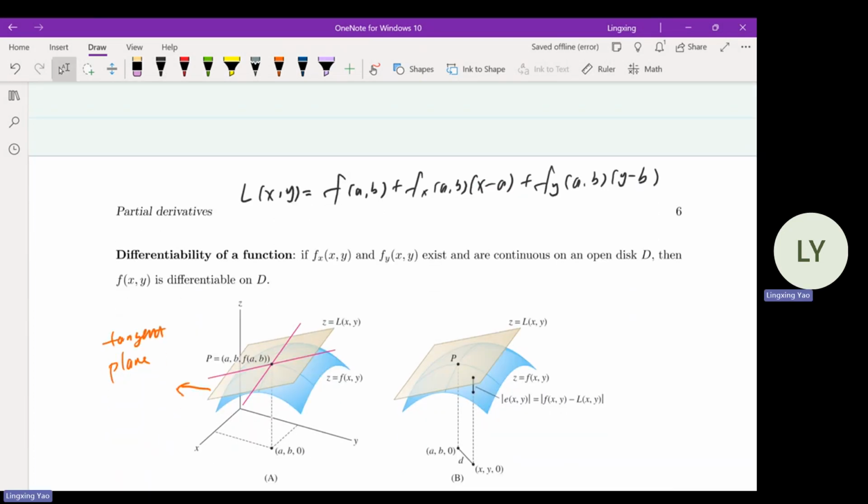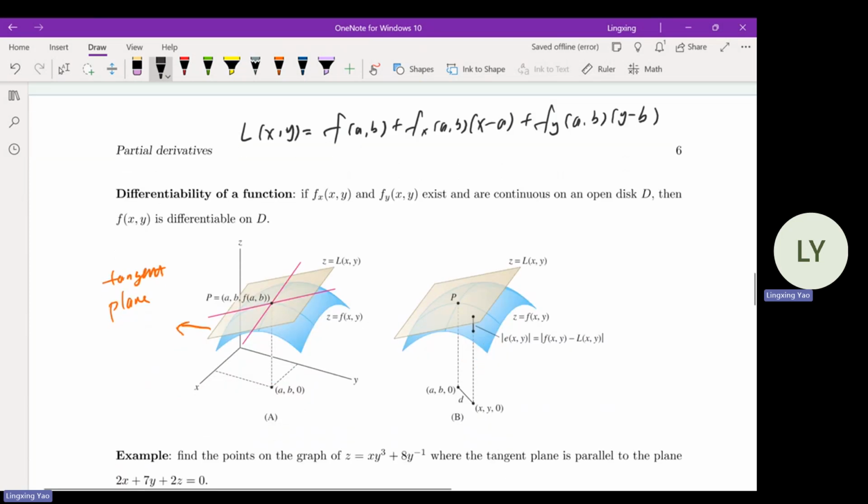Well, if you still remember the equation of a tangent plane, which is z equals linearization, and the geometric description over here is pretty clear if you look at the graph of the function and the tangent plane. So this is the tangent plane at point P.